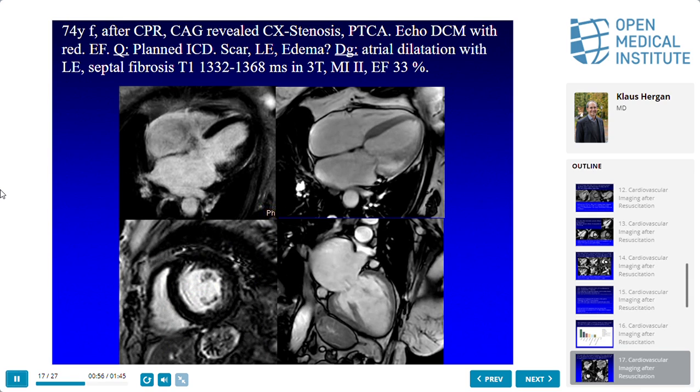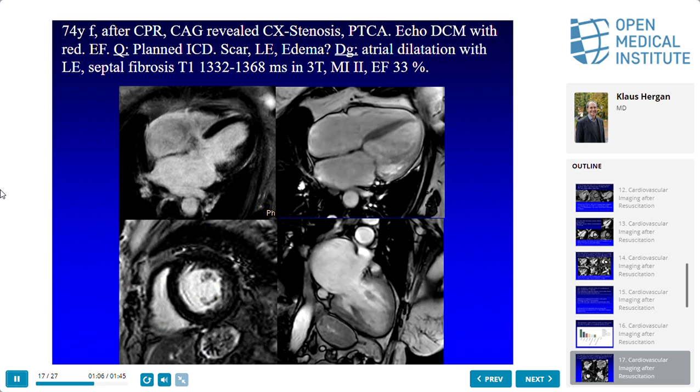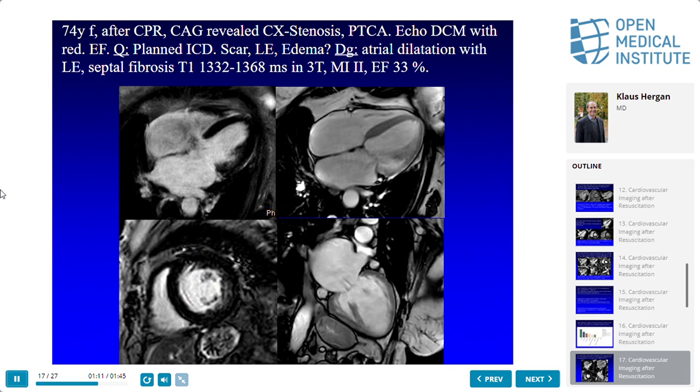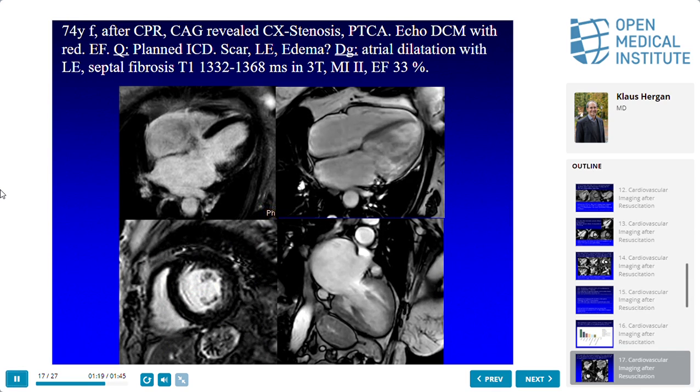In this case, we found an atrial dilatation with a late enhancement within the atrium. It's clearly seen here in the septum and the lateral wall of the right atrium, and even there on the left atrium, and a little bit of mitral valve insufficiency, but no late enhancement in the septum.